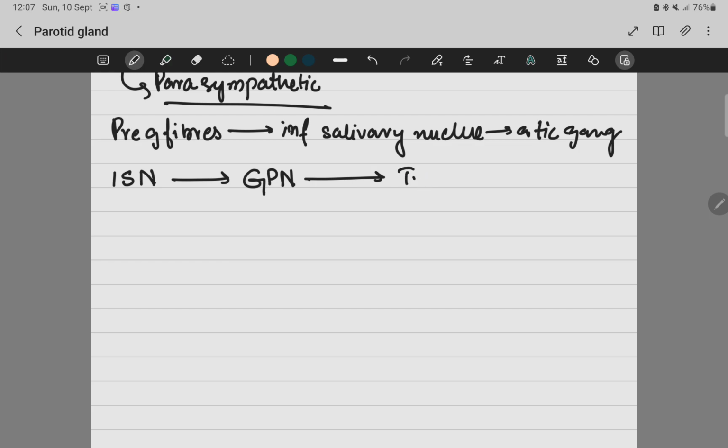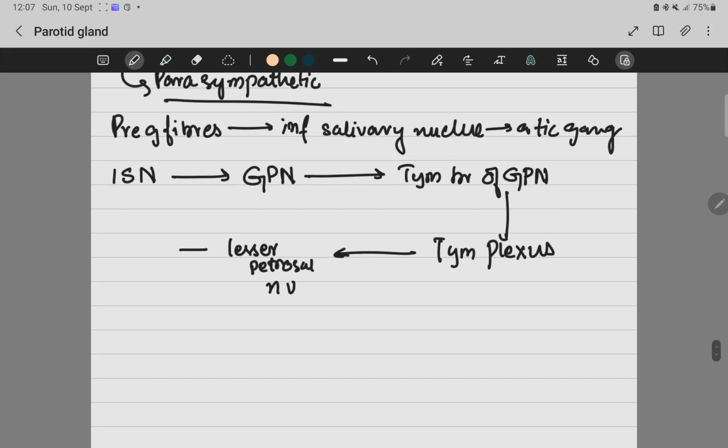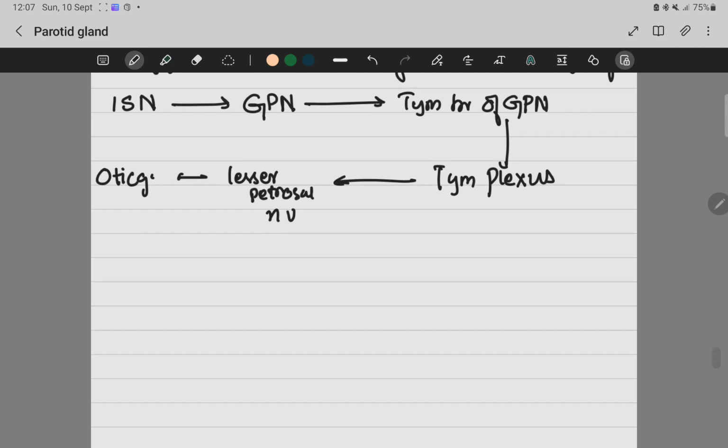Then we'll have the tympanic branch of glossopharyngeal nerve. Then it is related to the tympanic plexus, to the lesser petrosal nerve and the otic ganglion.